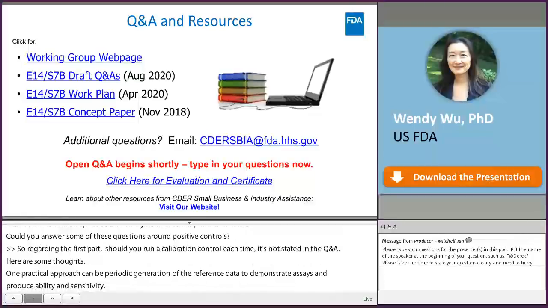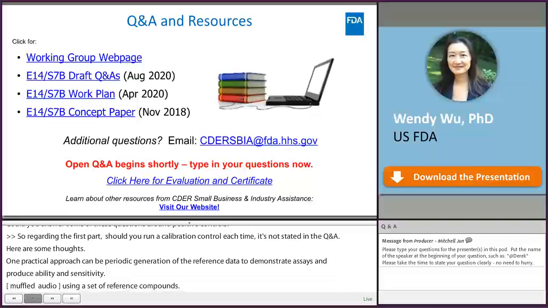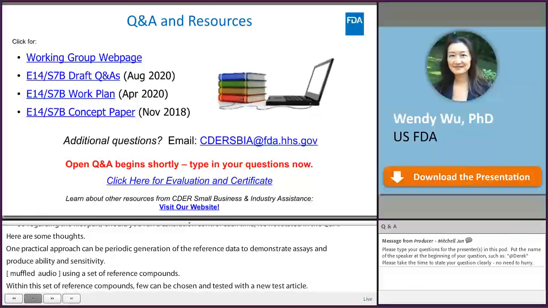The safety margin would be established using a set of reference compounds, right? So within this set of reference compounds, a few can be chosen and tested with the new test article. So with time, this kind of data set would provide evidence of assay reproducibility, and then the information can be used to redefine the frequencies of how often the reference compounds would have to be tested in the future and whether the numbers of reference compounds can be adjusted in the future. So that's the first set of questions.